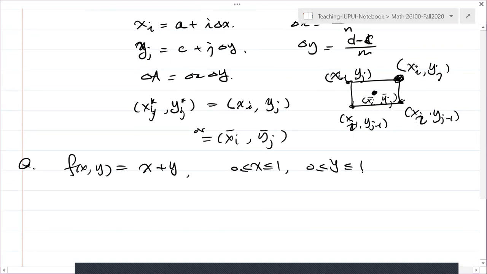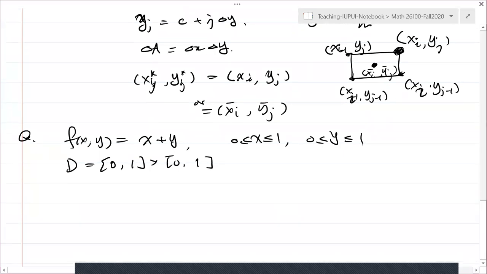So our D is actually the square from 0 to 1. The function is continuous, and I think the function is even greater than or equal to 0. So the integral can be viewed as the volume of this region.